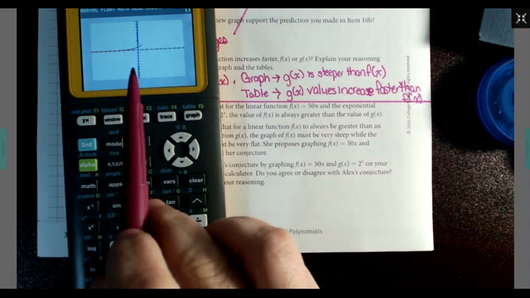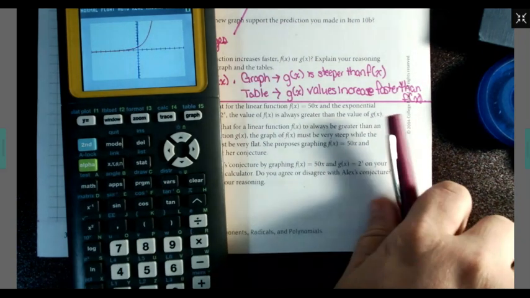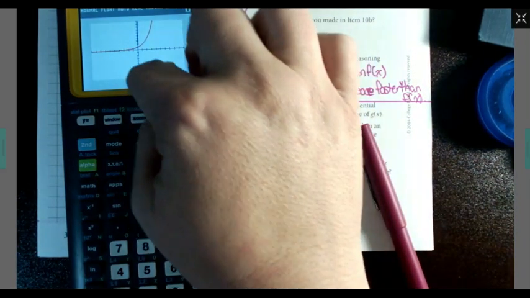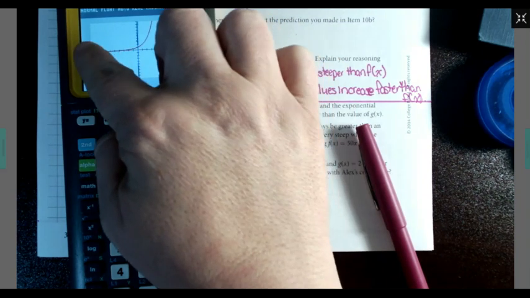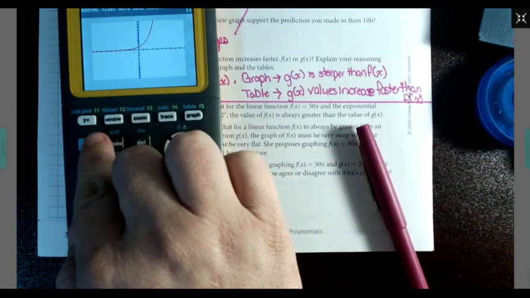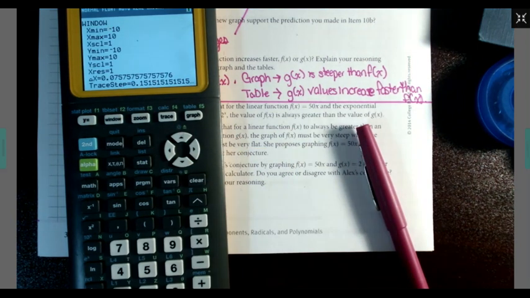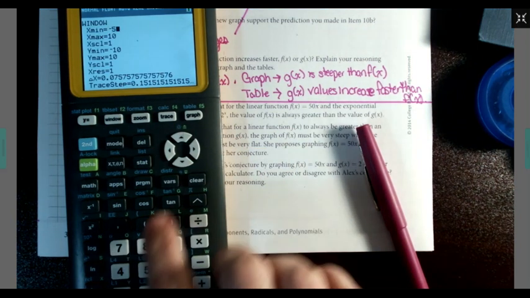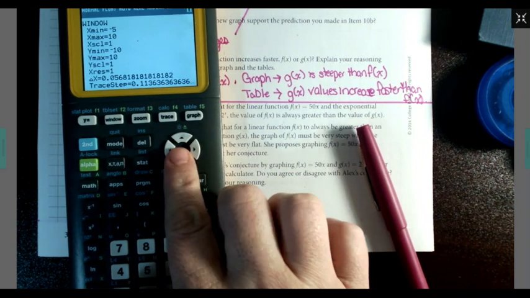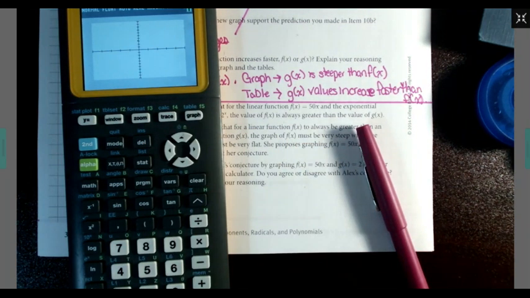I see a blue line in here. All right, so I want to clean that up a little bit because I see this blue line going here, and I have this red curve going here. So we're actually going to change my x and y mins. I'm going to go -5 to +5 and see what happens. Now let's graph it.